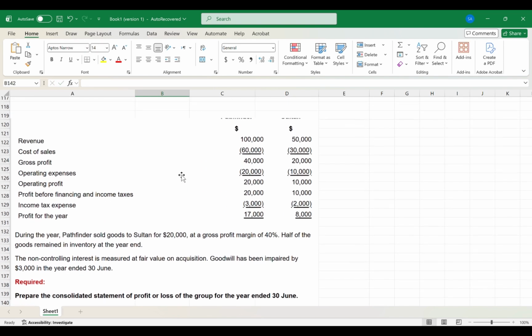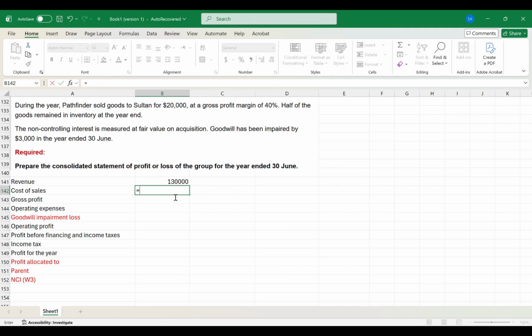Coming to cost of sales, here 60 plus 30 plus this 20,000 you will add in your cost of sales.